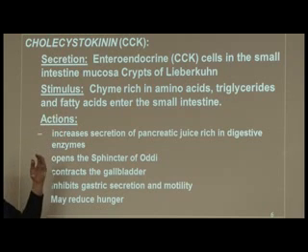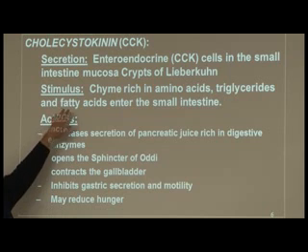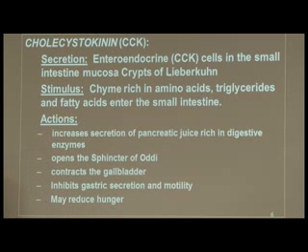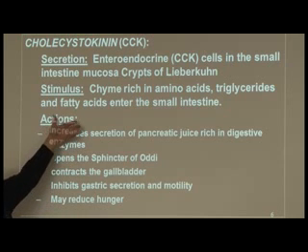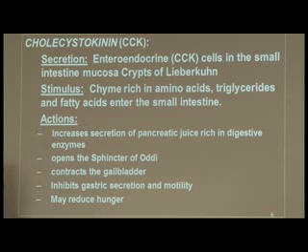But instead of the acidic properties of chyme that triggered secretin, it's going to be chyme rich in the initial breakdown products of proteins, amino acids, the presence of fat in the form of triglycerides, and some breakdown products from fat digestion, which would be fatty acids in the small intestine. And so as this chyme, rich in these nutrients, is moving out of the stomach, CCK is released.